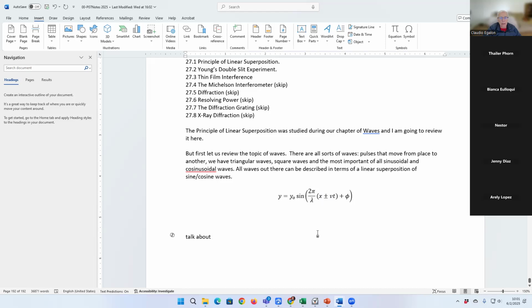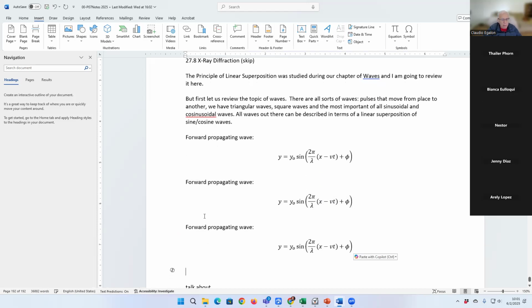So that's how we describe waves, okay? This one here is a forward propagating wave. And then we have, like I said before, the backward propagating wave.